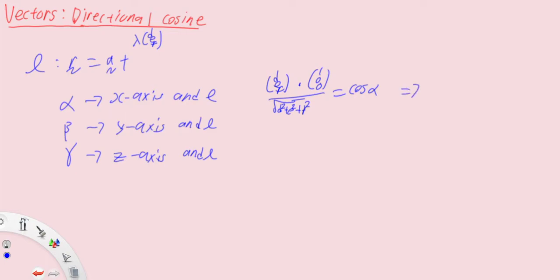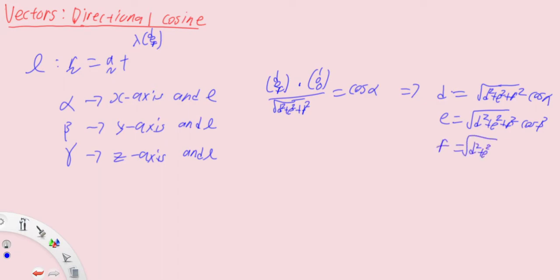So I'm going to skip ahead. D equals, so I'm going to write it this way down, and then I'm going to make a proof from here. And you notice that if we do this for the other two angles, we're going to get E equals root of D squared plus E squared plus F squared cosine beta. Then F equals root, again, of D squared plus E squared plus F squared cosine gamma.